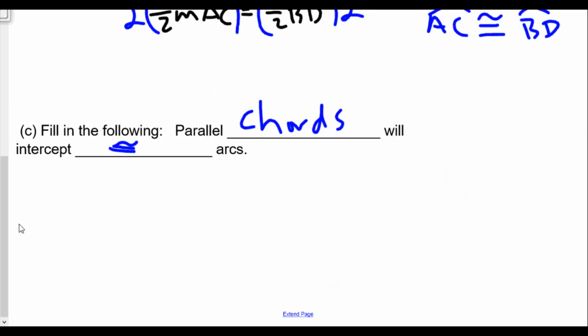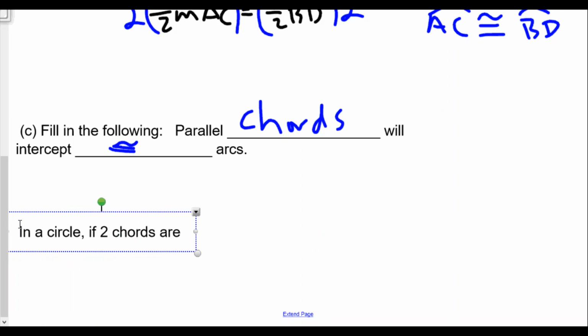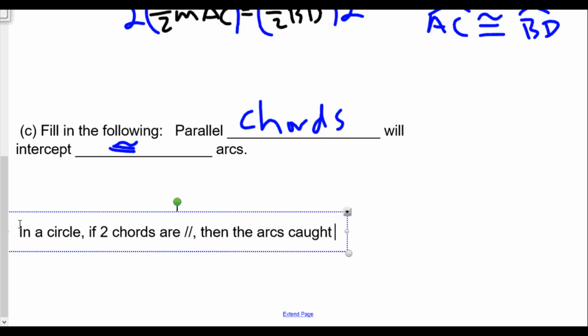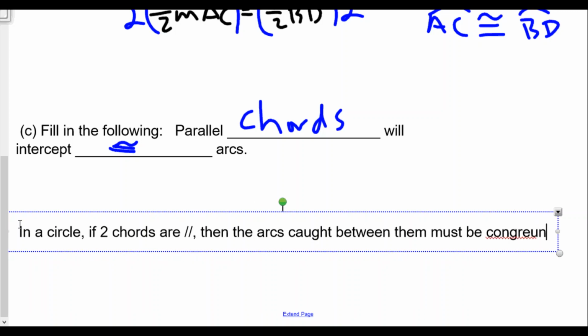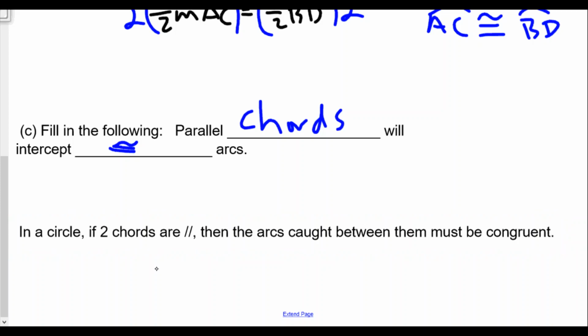In a circle, if two chords are parallel, then the arcs caught between them must be congruent. And this is another idea that we will use later on, but we proved this from before.